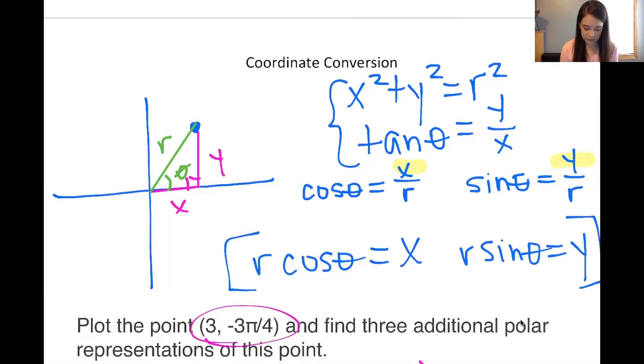So I'm going to highlight in orange 1, 2, 3, 4 conversion equations that you want to be able to find and use. You will use 1 or 2 of these in any conversion problem that I give you.